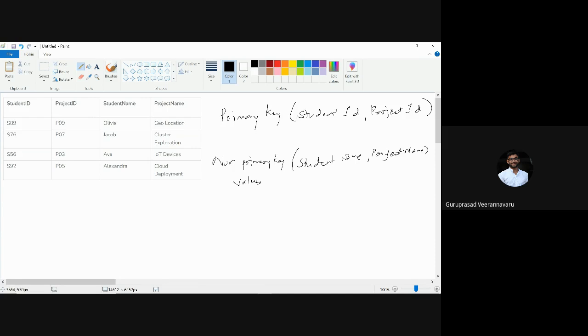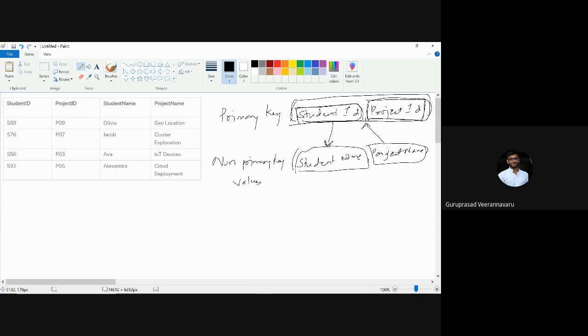But if you see, student name directly depends on a subset of the primary key of this table, that is student ID. It doesn't actually depend on the whole, both together value. It is only mapped to the student ID, right? And also project name is not fully mapped to the whole primary key. It is only mapped to project ID.